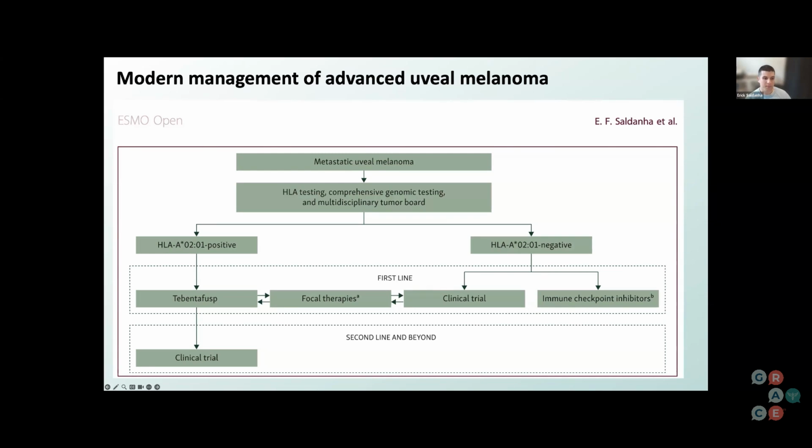And when patients treated with tebentafusp unfortunately are not responding well, and we feel the patient needs another option of treatment, clinical trials are always the way to go, and that is what we favor for patients.